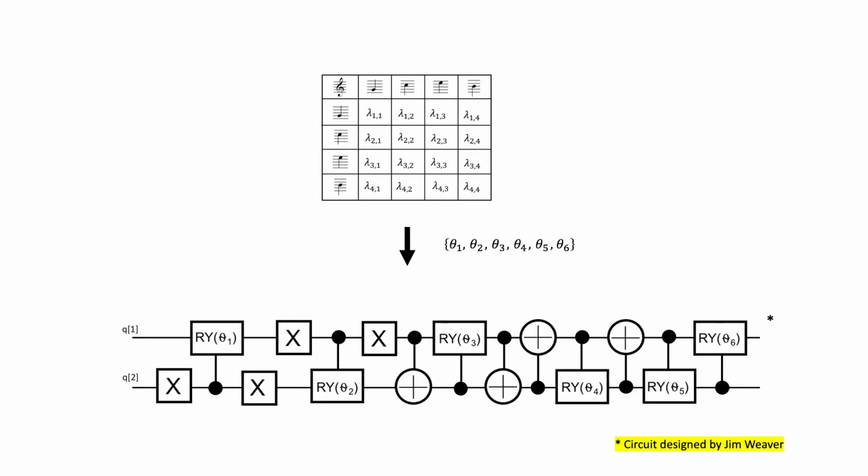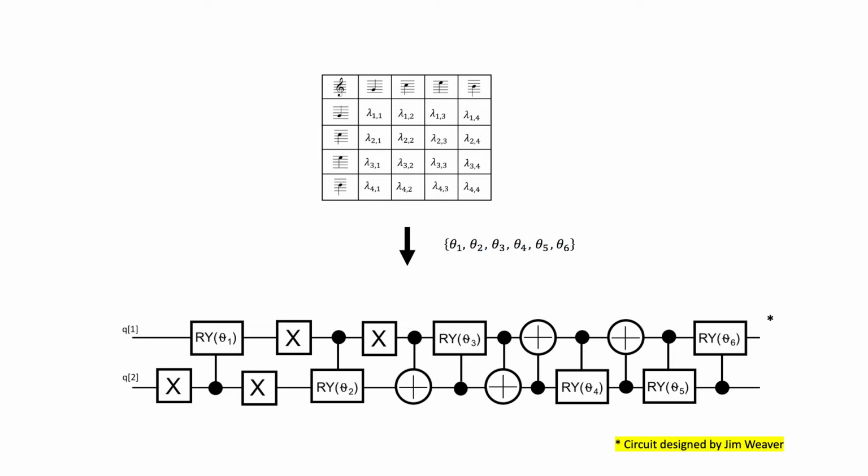The transition matrices are then translated into parameters for quantum circuits. So those parameters are angles for rotating qubits representing the transitions.